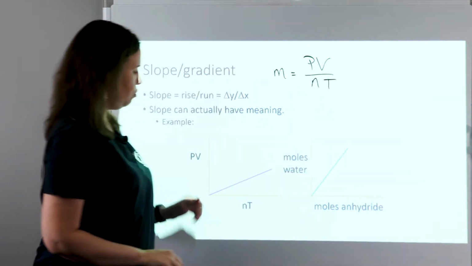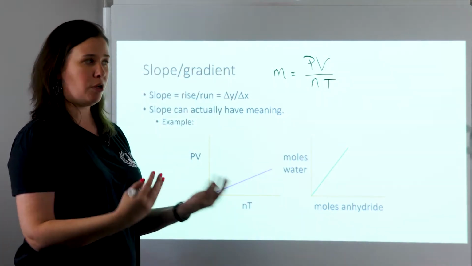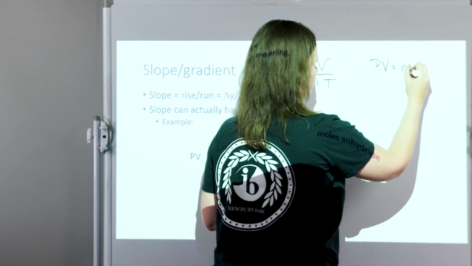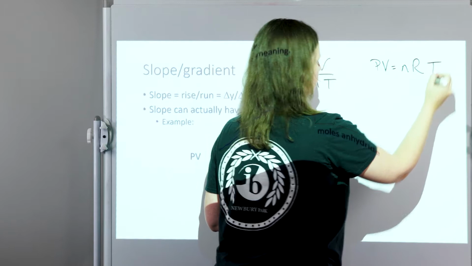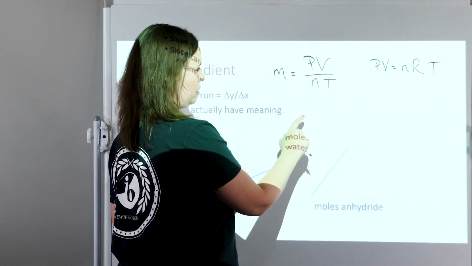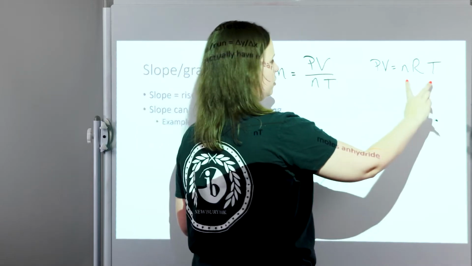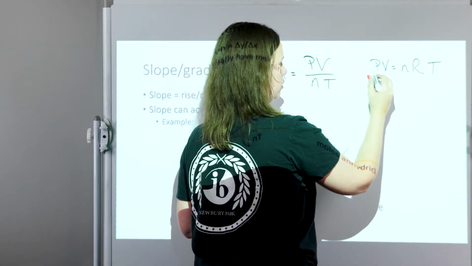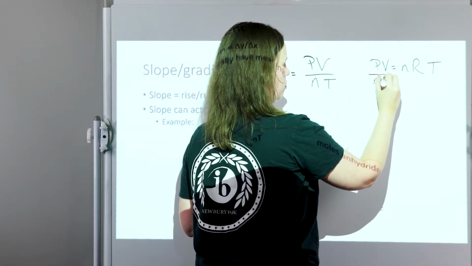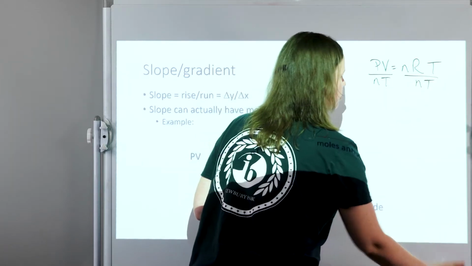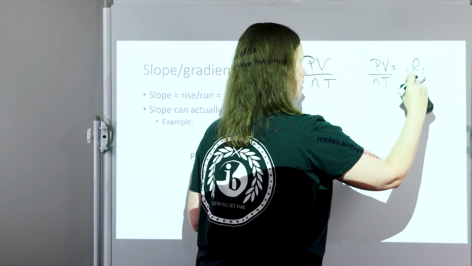over the run, or the change in x, which would be nT. So you may recognize these variables from our ideal gas law. Let me go ahead and jot that down here: PV equals nRT. And you might see where I'm going with this now. If I were to try to recreate this, it would involve trying to isolate R by dividing both sides by nT, which of course means they cancel out on this side.